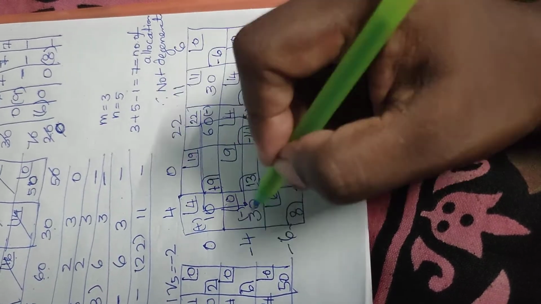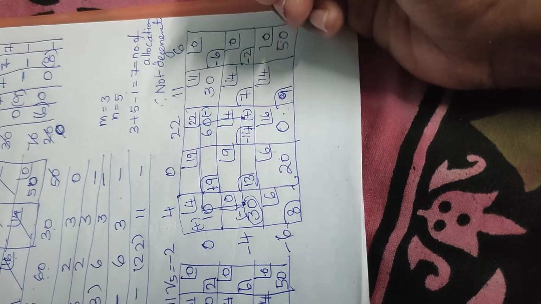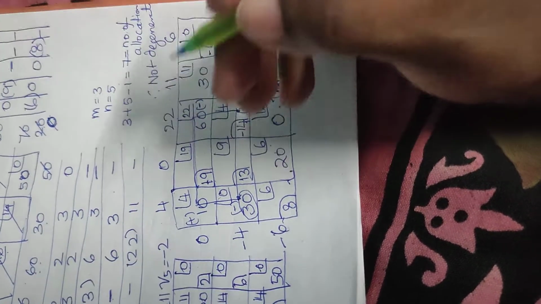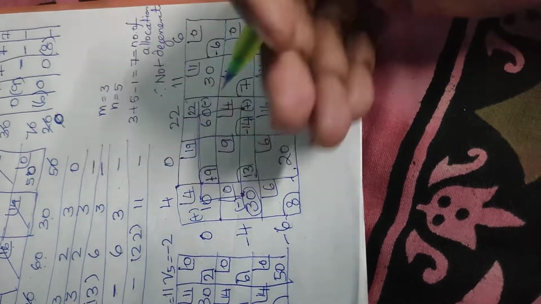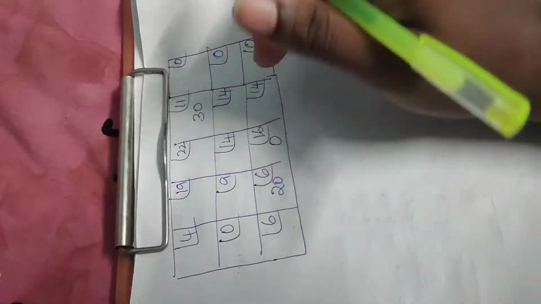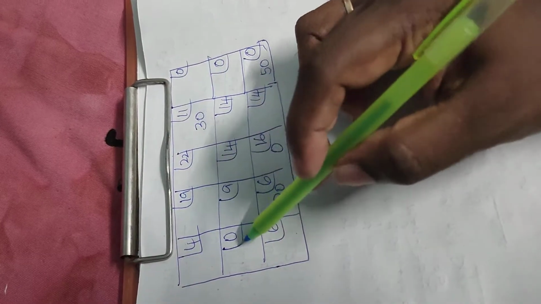And again, among the negatives, 30 is the minimum, so I am selecting that. So I'll again draw a diagram, fill up all this, and then meet you. Okay, so I have filled up everything here. So I am now going to take up these 4 points and I am going to reshuffle them.